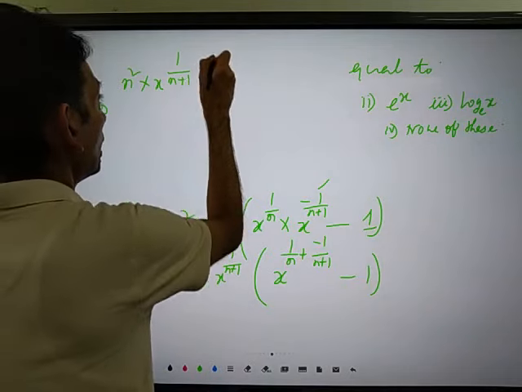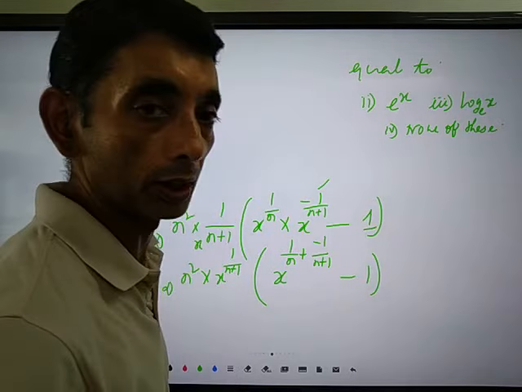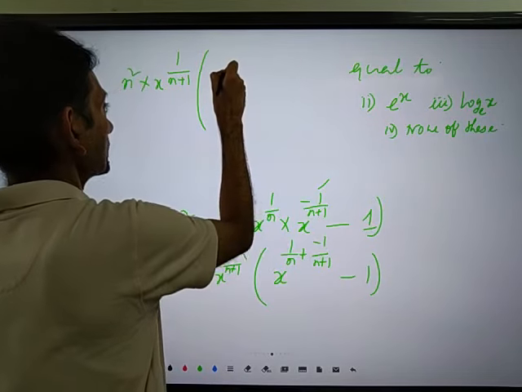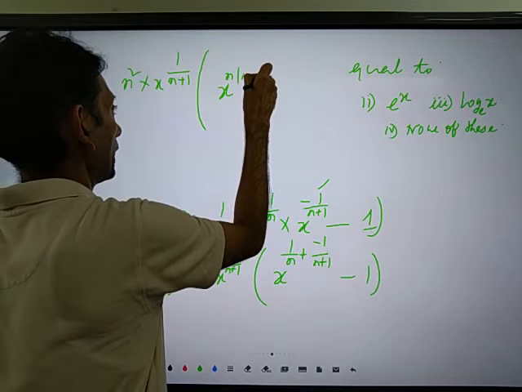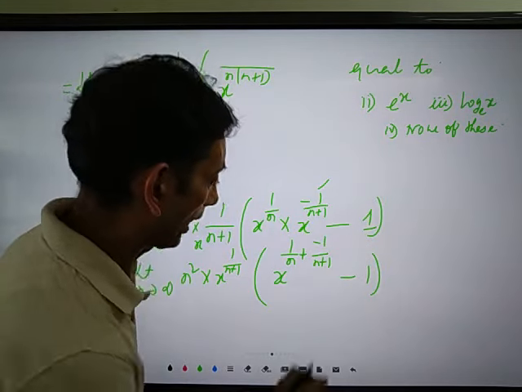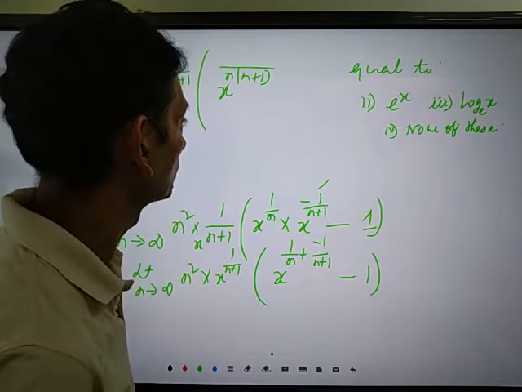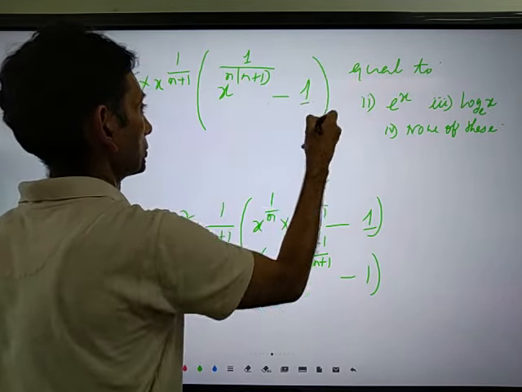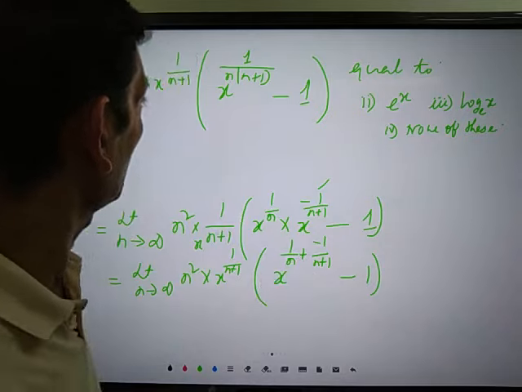I'm just going to focus more on this particular term. This is x to the power, and we take LCM, this is n plus 1. If we take LCM, this will be n plus 1 minus n, so n cancels out. It gets only 1, so it's x to the power 1 upon n(n+1), minus 1. So we got this term after simplification.